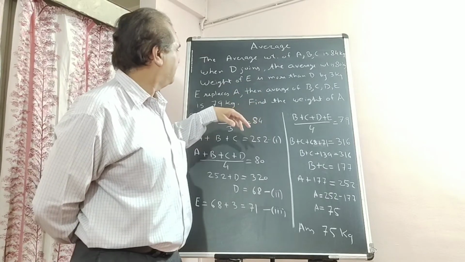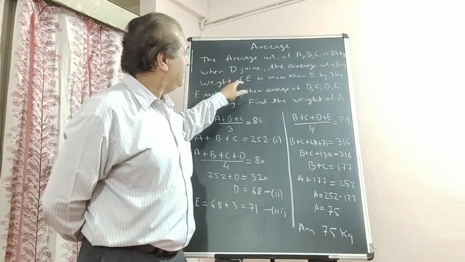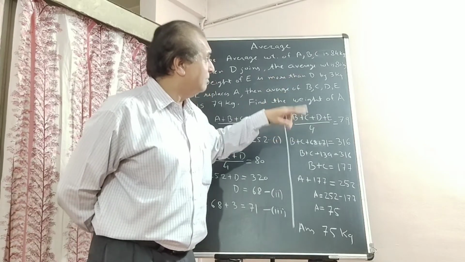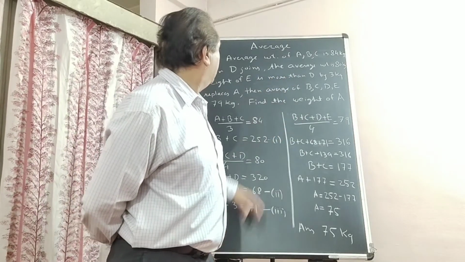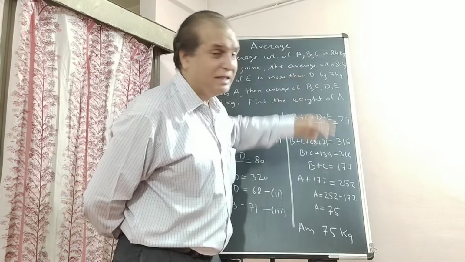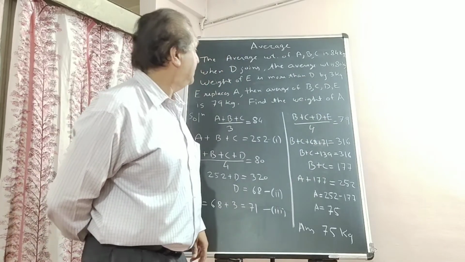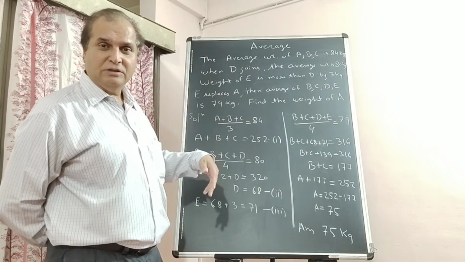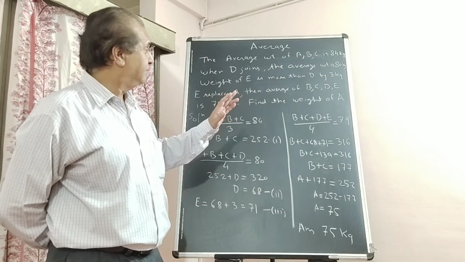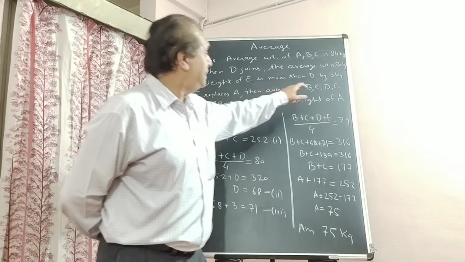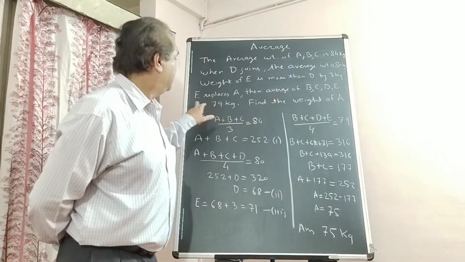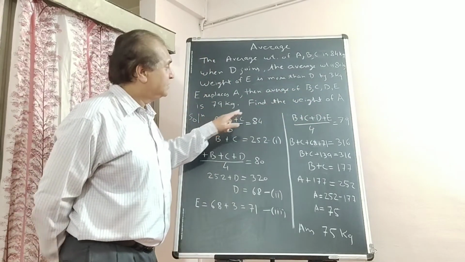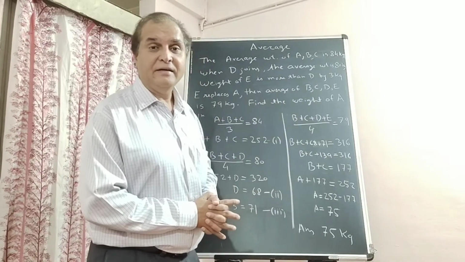Now the weight of E is more than D by 3 kg. E is a little heavier. E replaces A. Now A is out and E is taken. Now the average of B, C, D, E, only 4, is 79 kg. So find the weight of A.